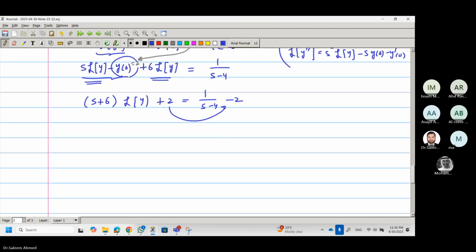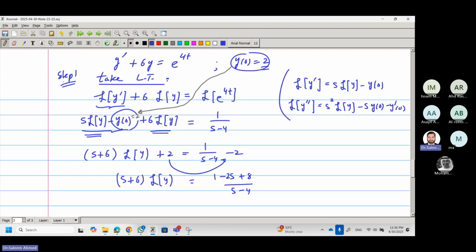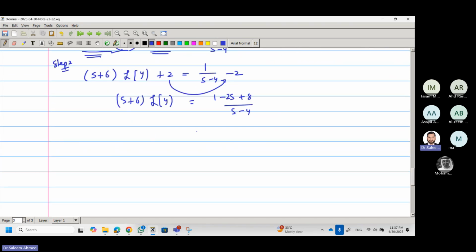So this will become 1 minus 2s plus 8 over s minus 4, right? And here I got s plus 6 Laplace of y. So this is your step 2. Once you take Laplace transform, step 2 says solve for Laplace of y. Bring Laplace of y on the left, and write every other thing on the right.